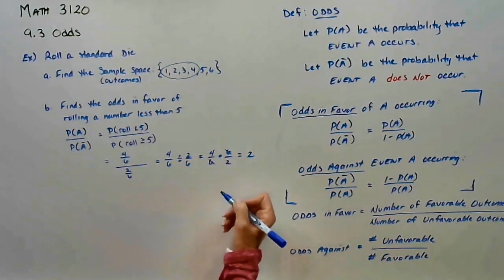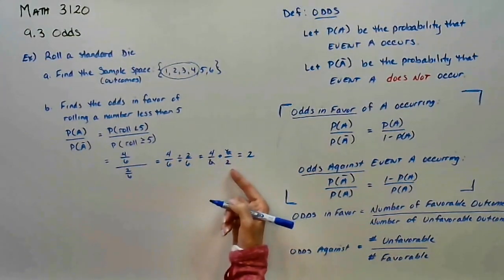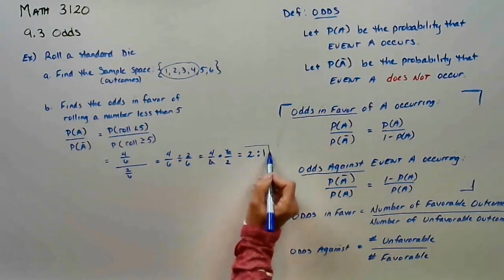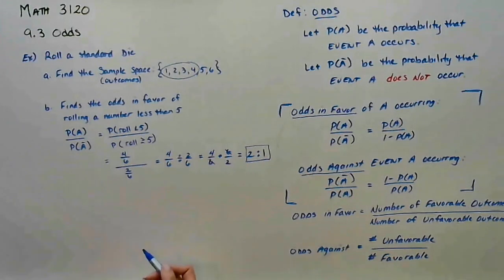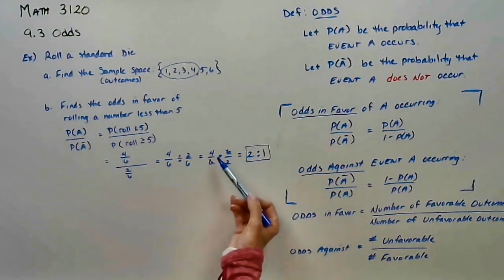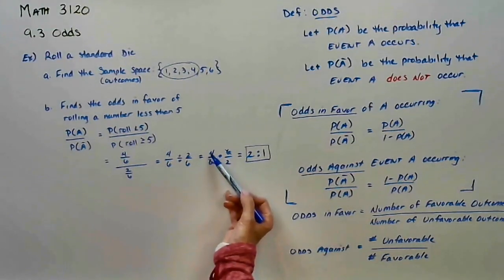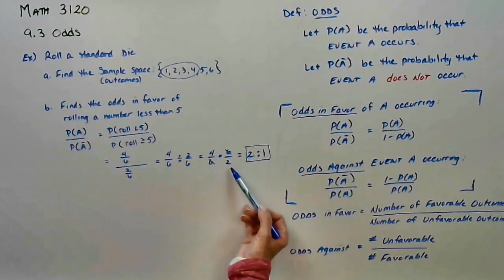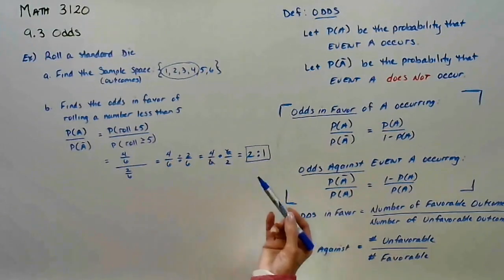Now when I reduce, I would reduce to 2 over 1. So this gives me 2 over 1 odds in favor of rolling a number less than 5. So your odds are 2 to 1 because this reduced down to the fraction 4 over 2, which reduces to 2 over 1. So I just wrote it, instead of a fraction, as a ratio, 2 to 1 odds.